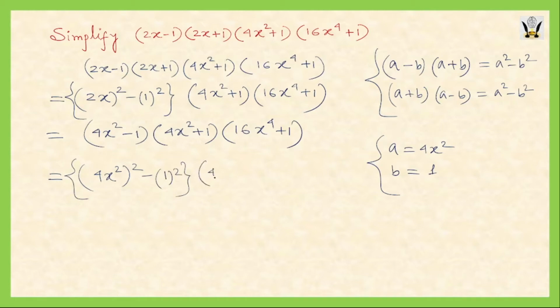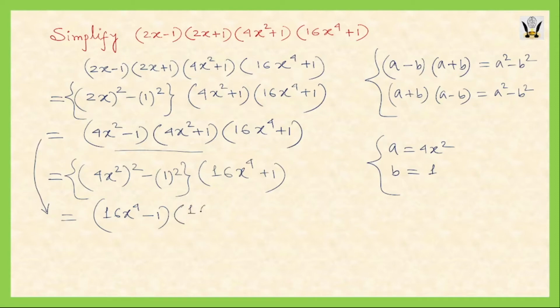Then we have already performed the operation between these two terms, so the only factor that remains to be written here is 16x to the power 4 plus 1. So it will be 16x to the power 4 minus 1. So directly we can jump to this line, we can skip the previous line if we are confident enough. Then we have this factor 16x to the power 4 plus 1.